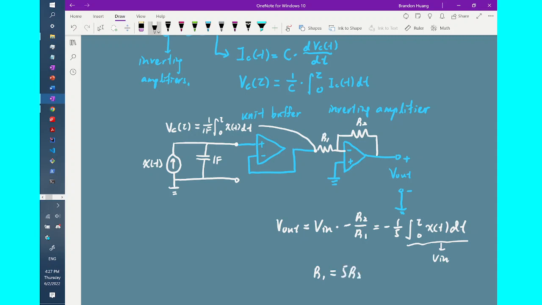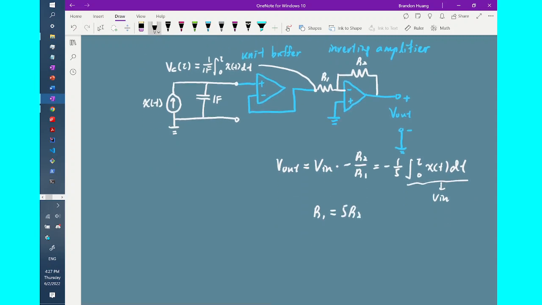So here we have two choices for the resistor setup. If we set R1 to be R fixed, then R2 will be equal to 200 ohms. If instead we have R2 be equal to R fixed, then R1 will be equal to R2 times 5, which will be 5k ohms.